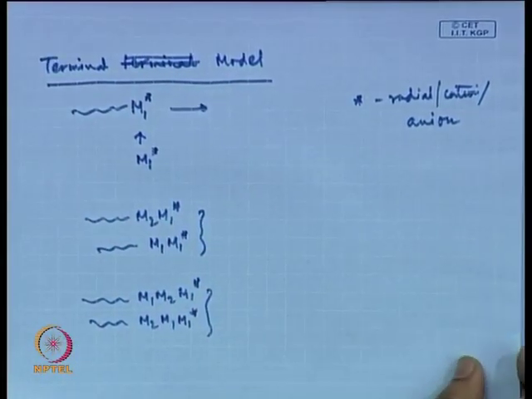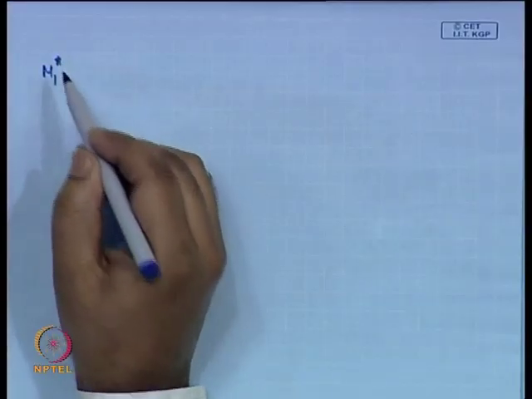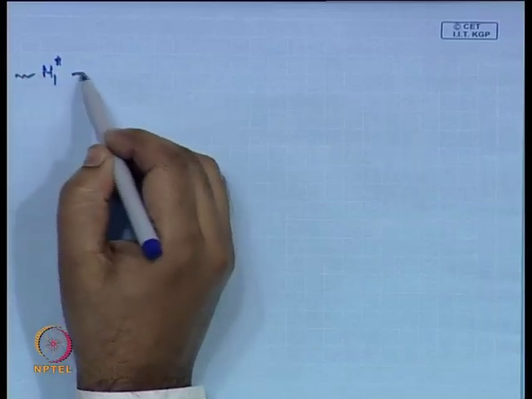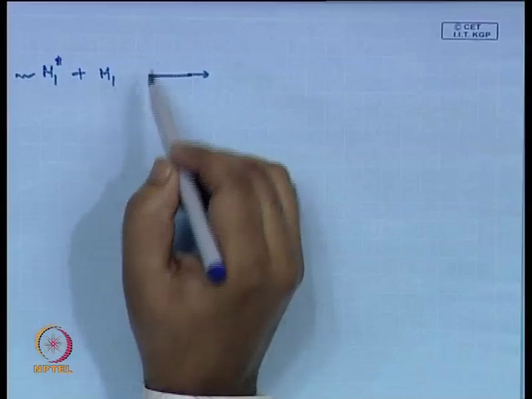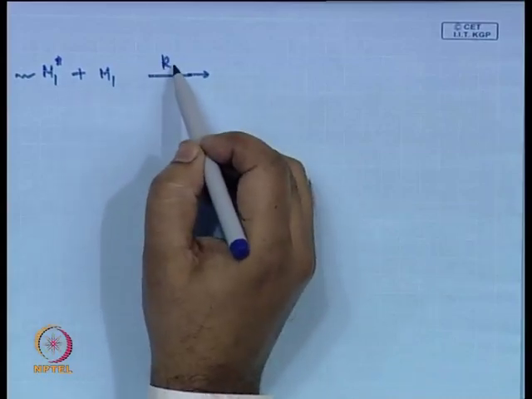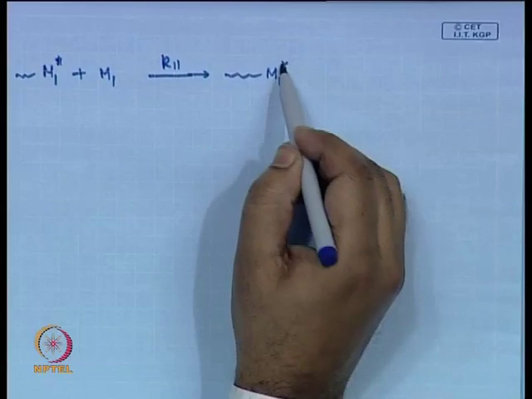So, what are the 4 possible propagation reactions during this copolymerization? Let us write those. So, M1 star can react with M1 and M2, the 2 monomers, producing M1 star.